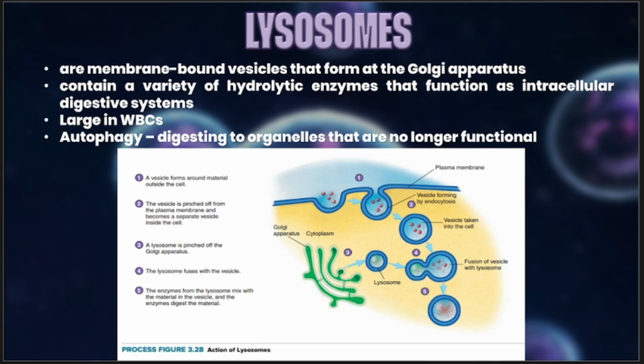So the patient diagnosed with Tay-Sachs disease usually dies at the age of 4 or 5 years old. And unfortunately, up to now, there is no known cure or treatment for Tay-Sachs disease.